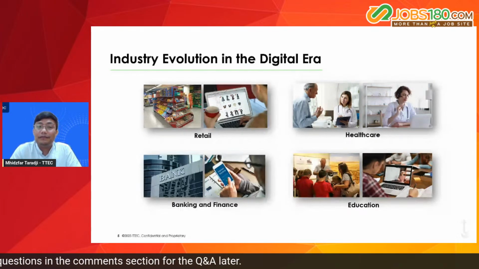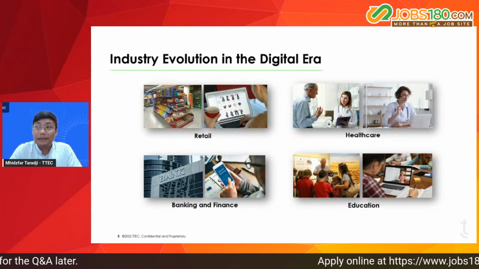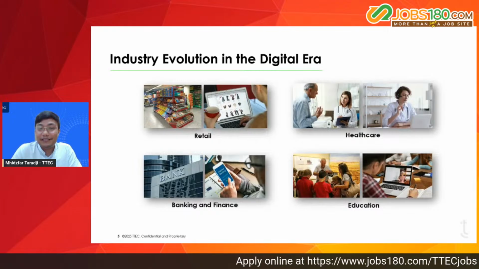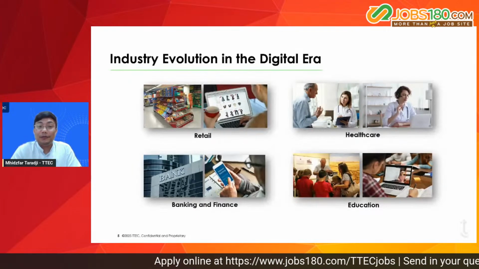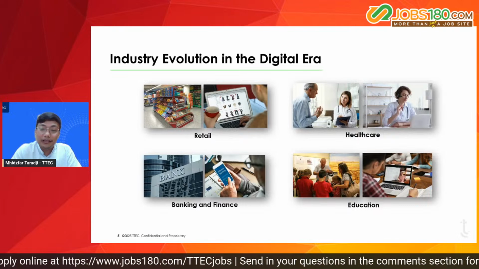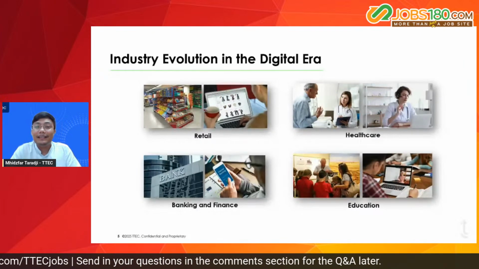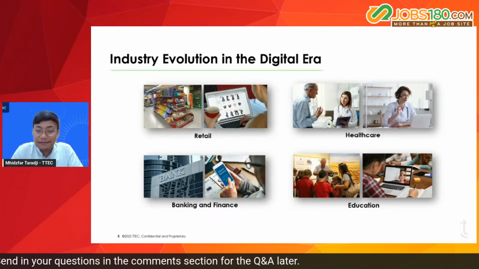You needed to go to a physical store to buy the products you wanted. But right now, everything is already on your mobile phone. Anything that you want or need to buy, you can just use your mobile phone and check out.